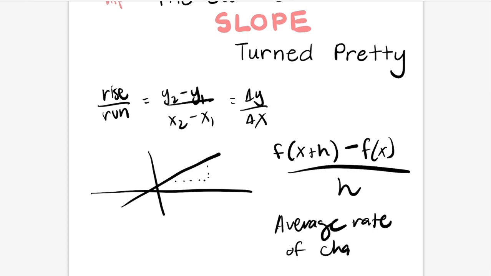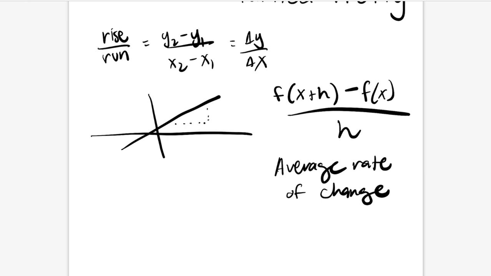Now, where this changes, or slope becomes derivative, summer I turned pretty, is when we have something called the tangent line. Let's actually hop to a new page. Tangent line. Okay. Tangent line.